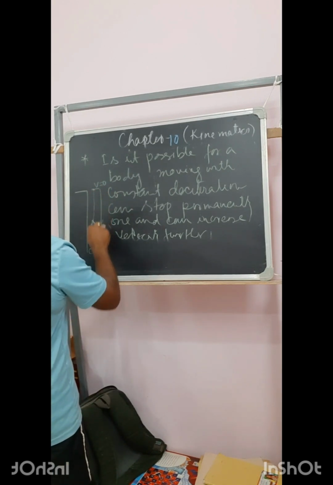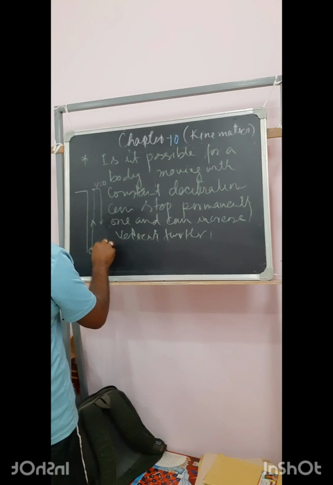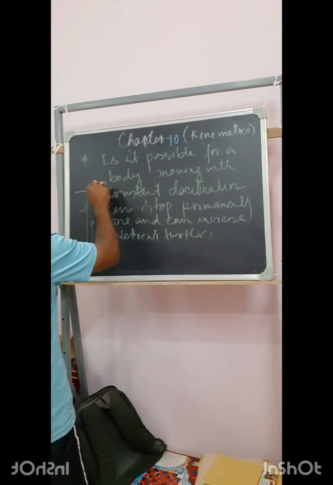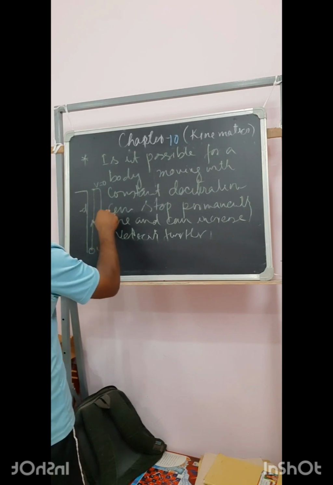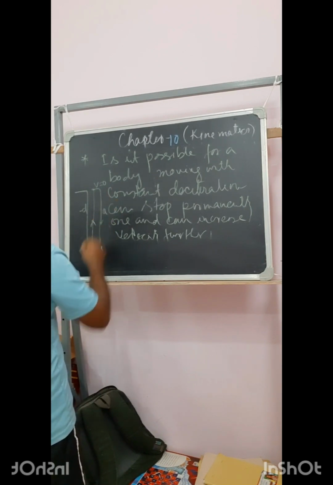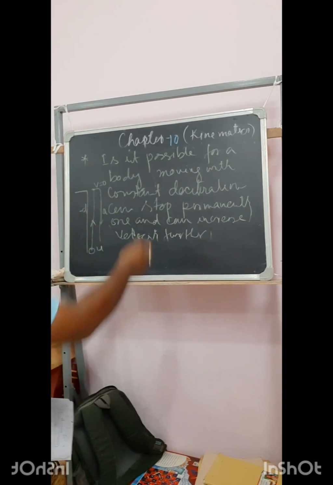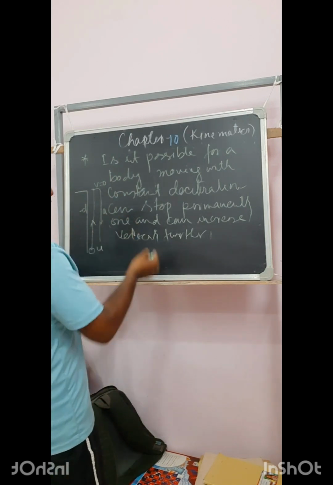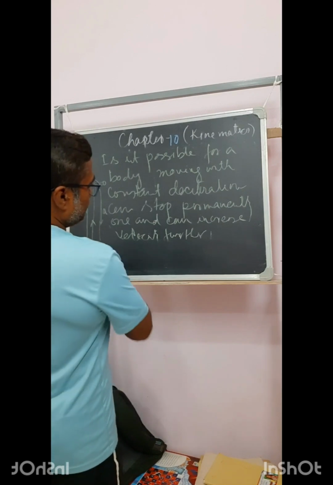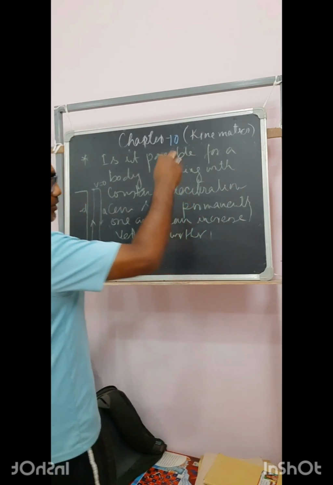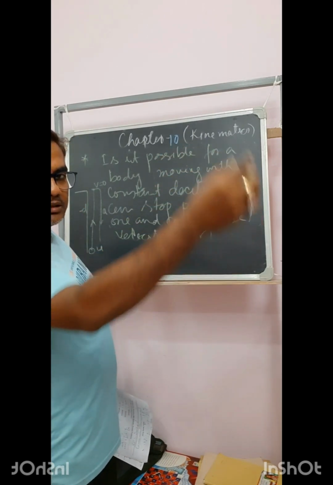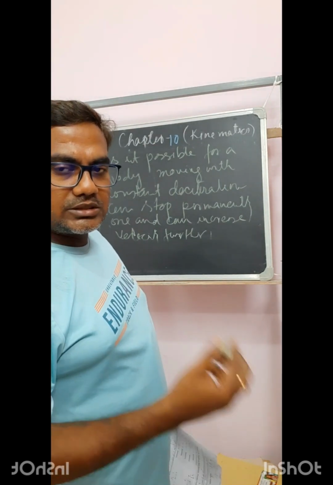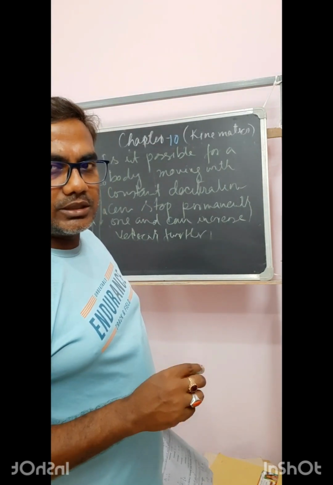So when it is moving up, it is going from u to zero, so that means decelerating. When it is moving back, it is again gaining velocity, that means accelerating. So this condition may happen. Both cases are a possibility. When velocity is decreasing, at a point of time it will halt, and then it will come back again with a velocity that is incremental in nature, that is accelerating.